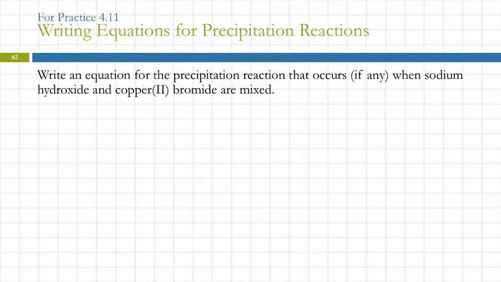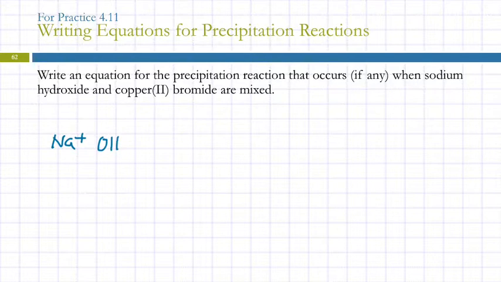Let's do another one. Write an equation for the precipitation reaction that occurs, if any, when sodium hydroxide and copper 2 bromide are mixed. You're going to follow the same process. I'm given names of ionic compounds. I need to write their formulas first. So sodium ion, Na+, because sodium is in group 1.